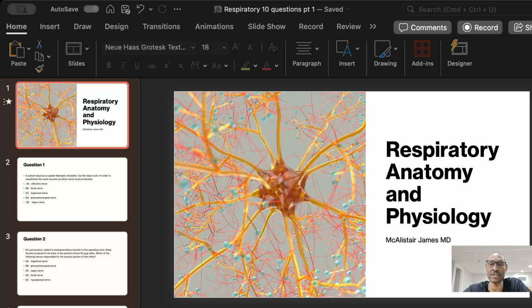Our topic today is going to be respiratory anatomy and physiology. Very high yield topic for those people in anesthesia. So if you're a new resident, a CRNA or SRNA, this is a topic that will never go away. The physiology doesn't really change, so it's really important to learn it and get it down pat.